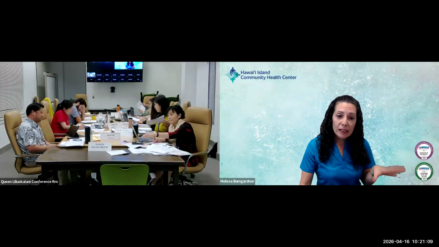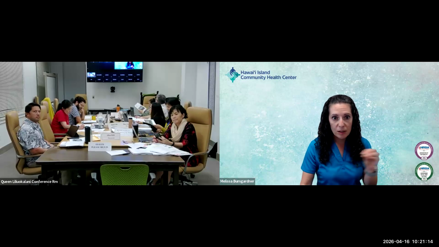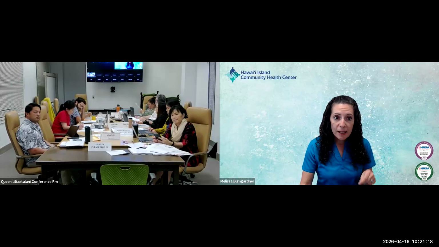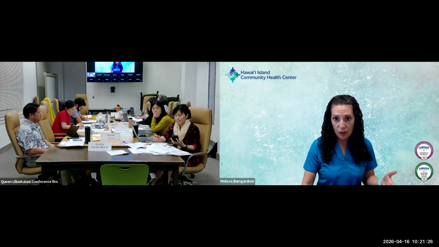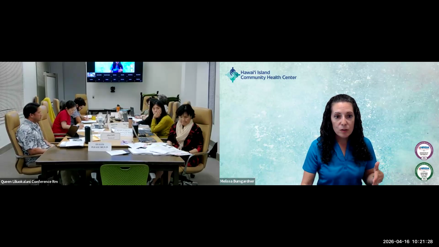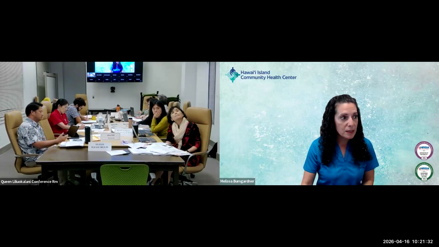They provide their email and/or phone number upon enrollment as their point of verification. Patients who are eligible must be patients of Hawaii Island Community Health Center and meet other criteria in order to have their prescription filled at our health center, in accordance with FQHC rules and regulations for filling at an entity-owned pharmacy.